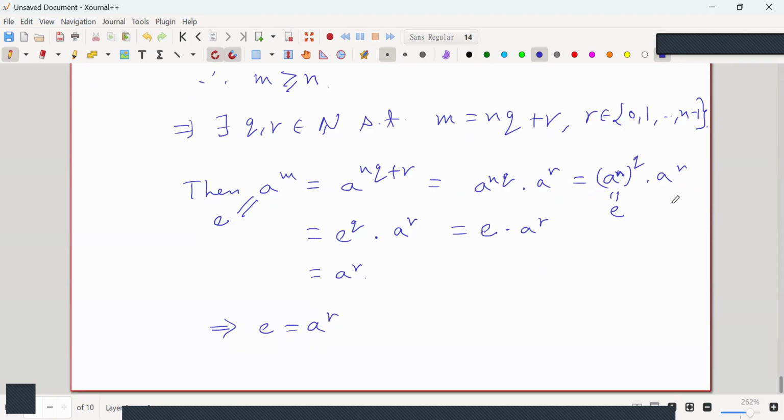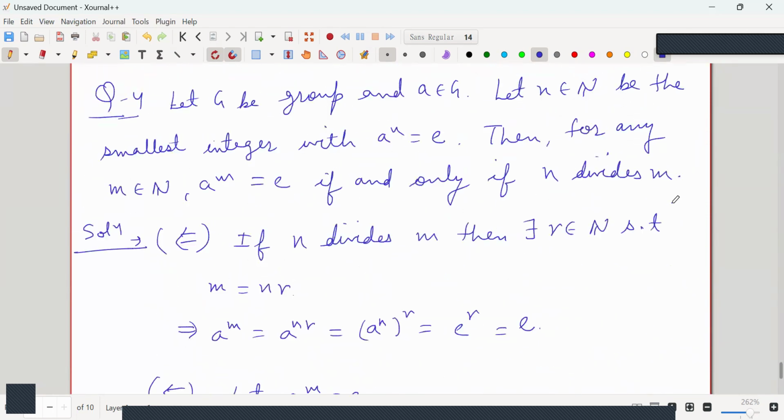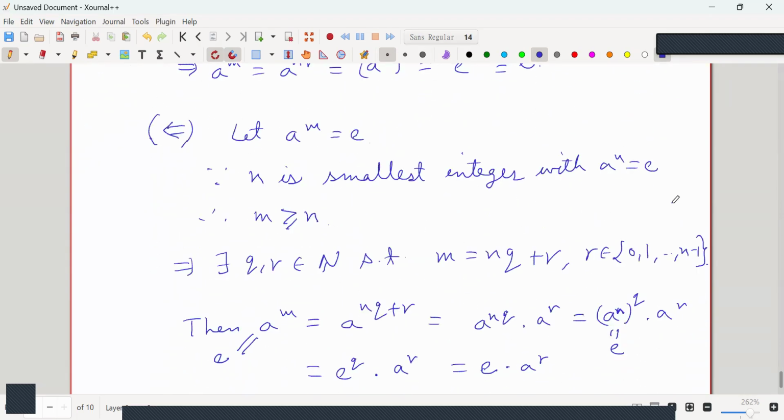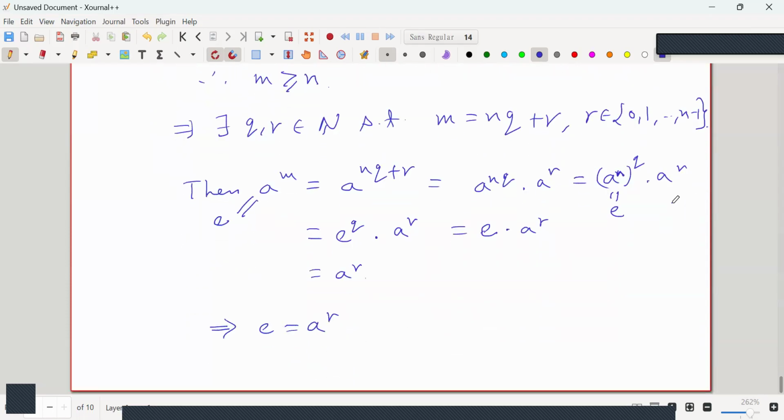Here there is some trick. And n be the smallest positive, I should write, right? Otherwise, one can say that 0 is also there. So smallest positive. So here also I should write positive. So identity is a^r, where r is strictly less than n.